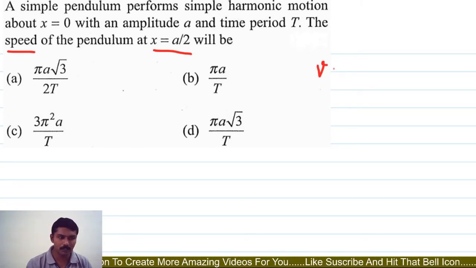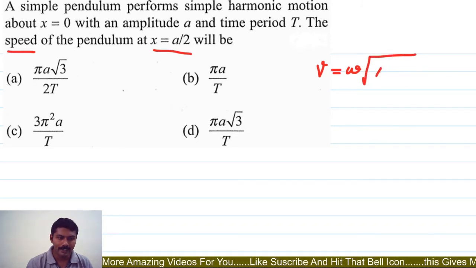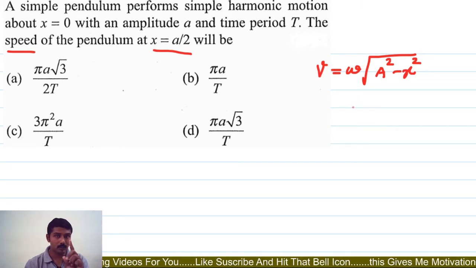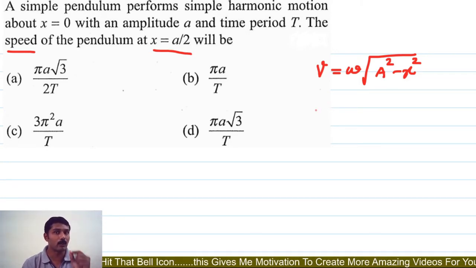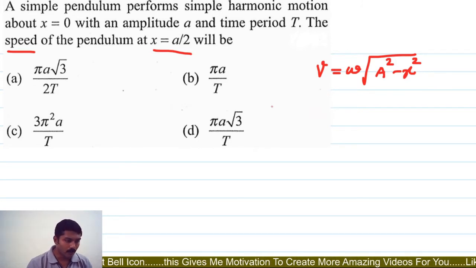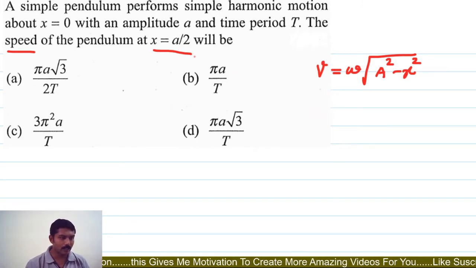The speed of the particle will be equal to omega into the square root of a square minus x square. As a bonus tip, the maximum velocity of the particle is omega times the amplitude. When is that possible? When you substitute x equal to 0. Here the position is given as a by 2.